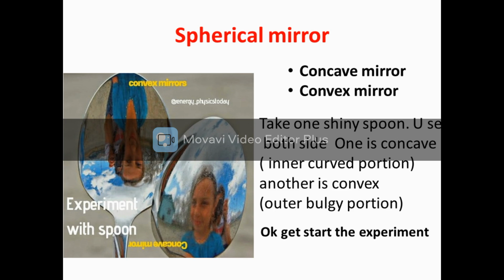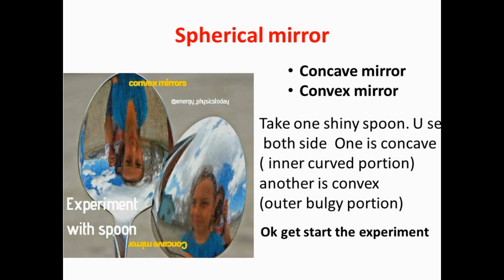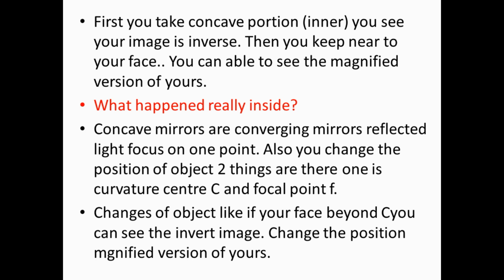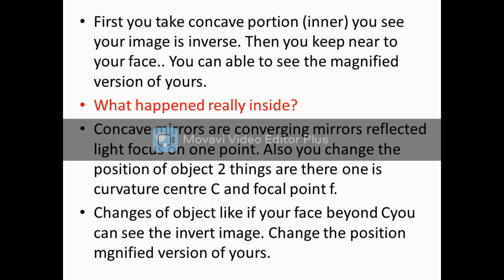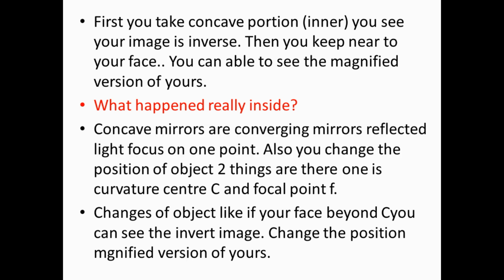The inner portion is concave and the outer is convex. Now let us start our experiment. First take the concave portion, which means the inner portion. You see yourself inverted. If kept near your face, you can see a magnified version of yourself. Really, it happens. So what really happens inside?